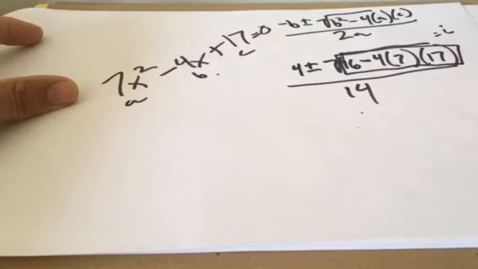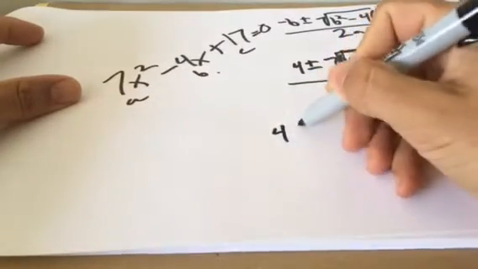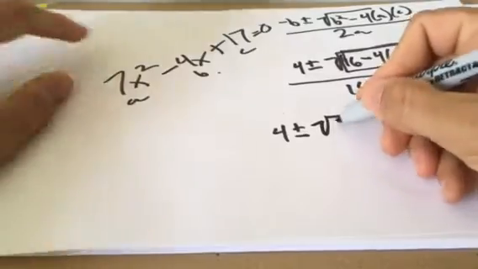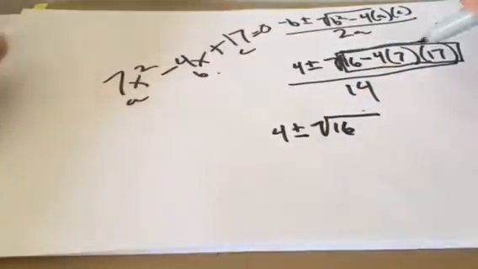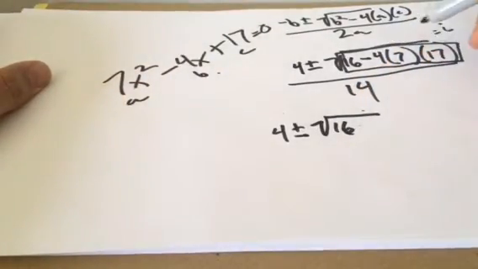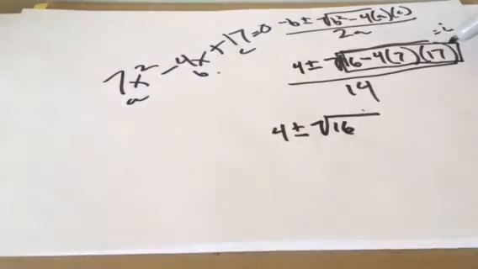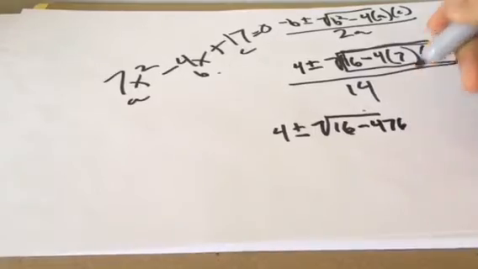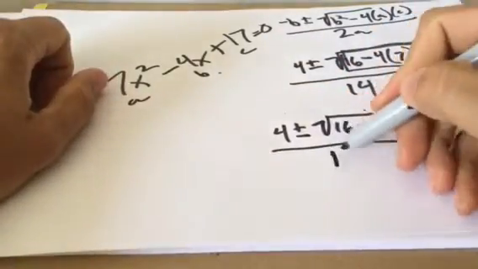So we have 4 plus or minus the square root of 16 because we already did that. Then we have 4 times 17 times 7. So 4 times 17 is 68 times 7. We have, let's see, 56 and 420, 476. So minus 476 over 14.